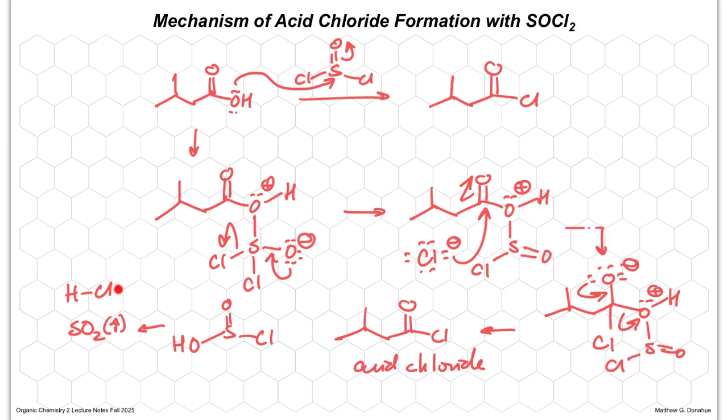And the reason these are kind of a pain to run is because now you're generating a strong acid and SO2, which is a gas. If you have any sort of metal around, it'll corrode the metal pretty quick. So essentially the reaction vessel has to have a bubbler that traps these things and neutralizes them before they exit the apparatus.